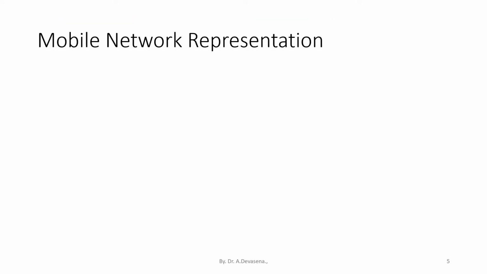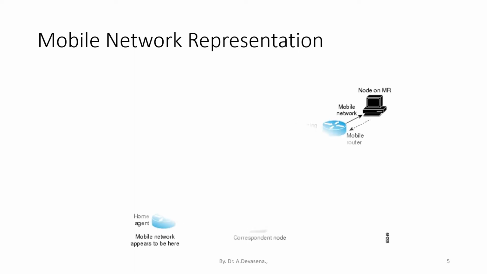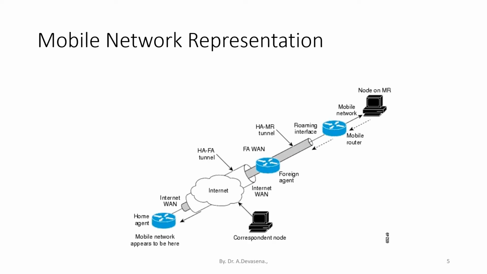Here is another mobile network representation with the help of a diagram. Between the nodes, the information is transferred through the internet, and how it takes place is represented in this diagram.